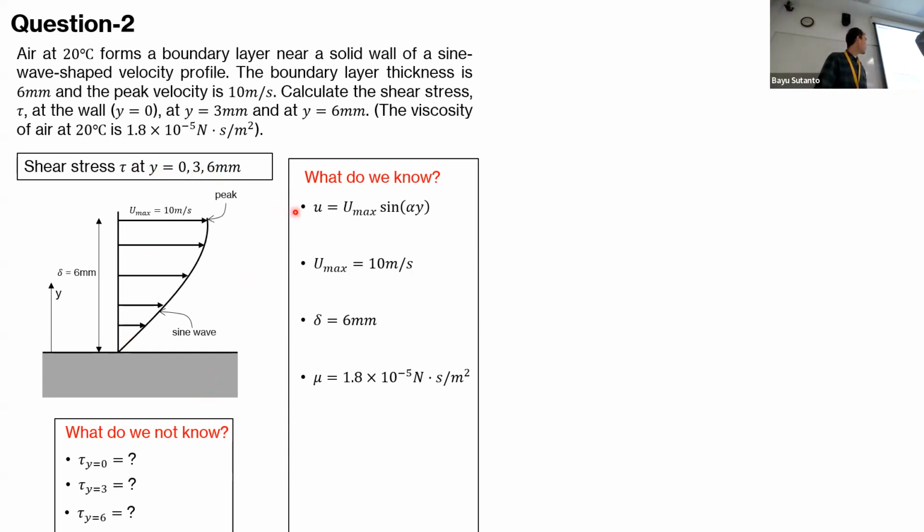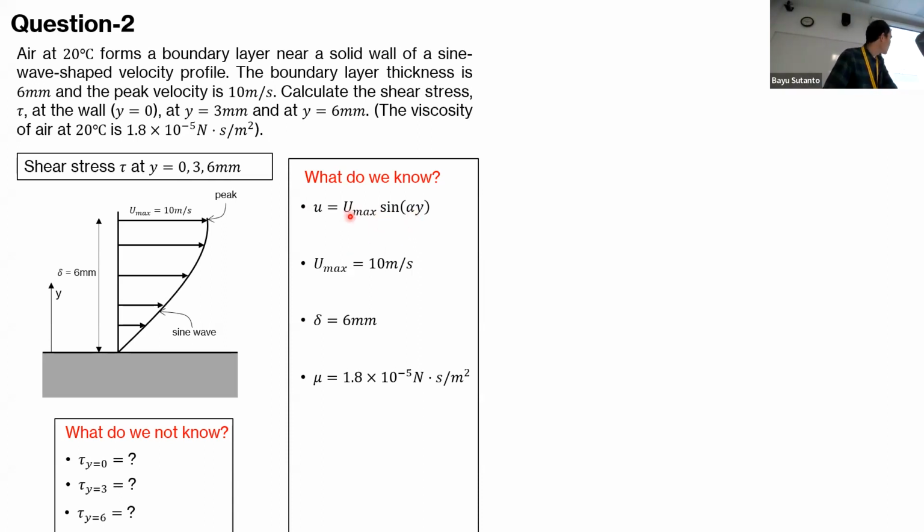Because it is sine, for example, this is velocity as a function of x. So velocity is sin x, but here we have x as a function of y, not y as a function of x. It's similar, and the maximum is 10 meter per second.